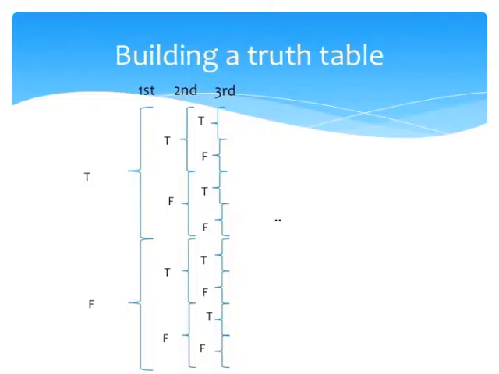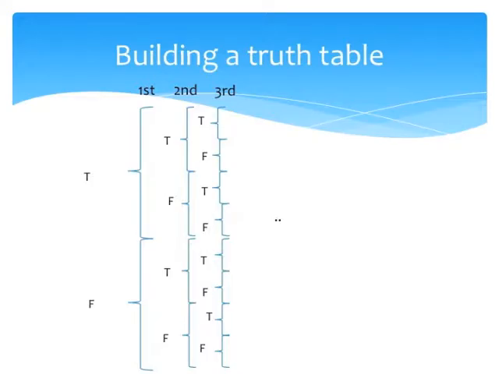It's always useful to keep some order when you are building your truth table. For instance, the common method is this. Take the first column. The first half are going to be true, and the second half of the rows are going to be false.